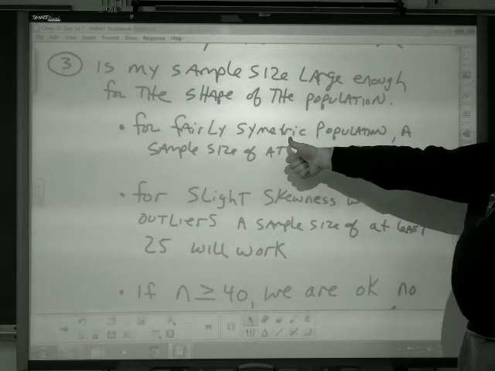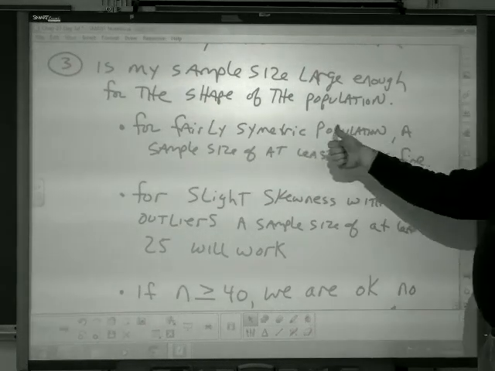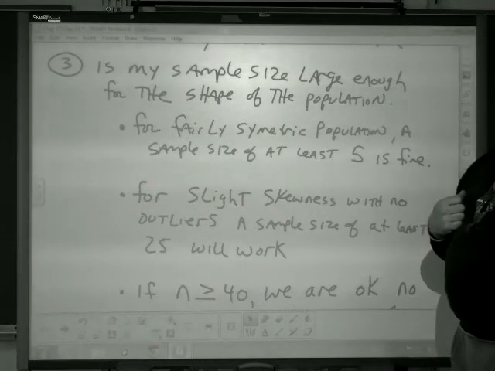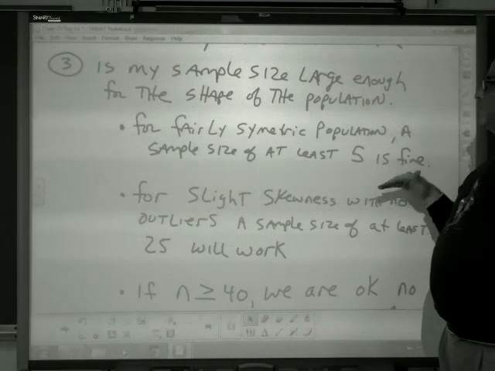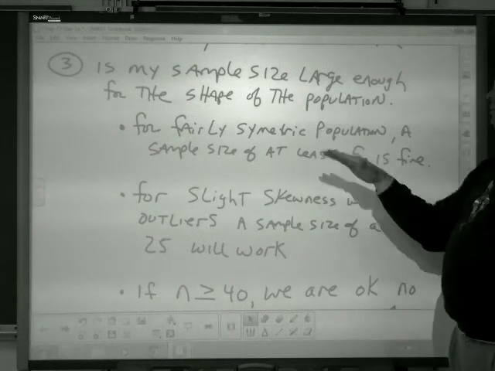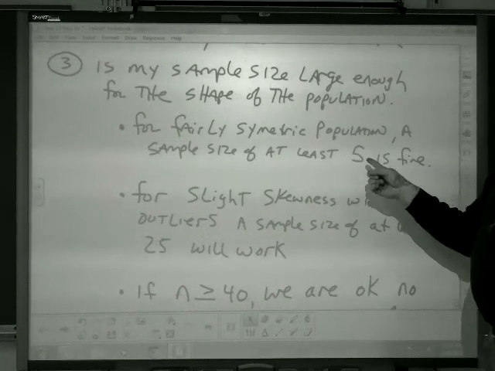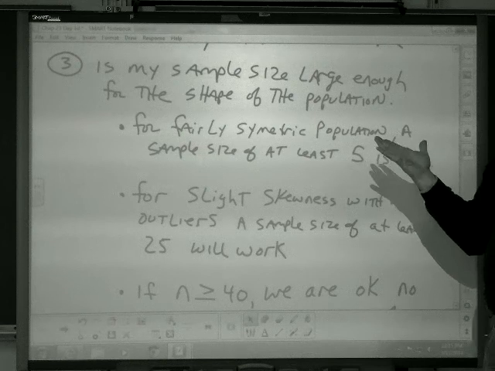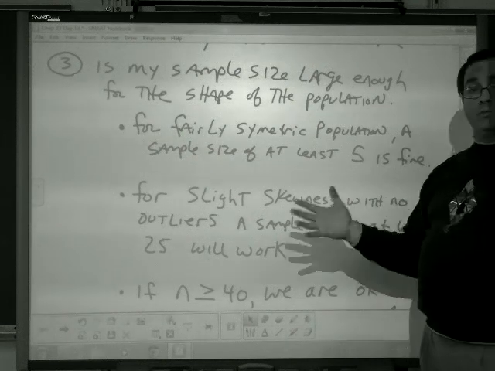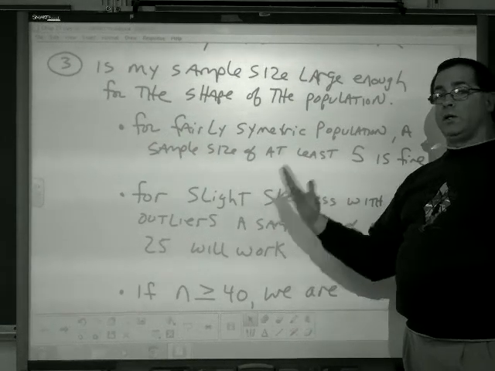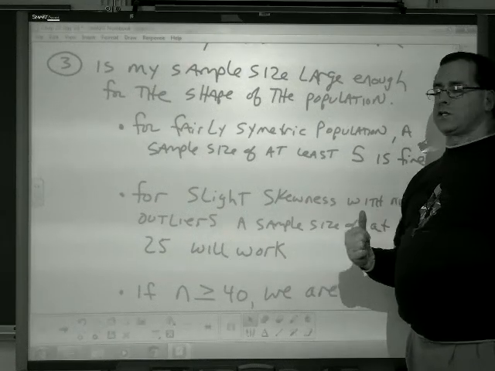So first bullet, if the population is fairly symmetric, so if the population itself has a fairly symmetric distribution, a sample size of 5 is fine. Hey, sample size 5, we can use this. We're good to go. We can do a confidence interval or a hypothesis test for means.